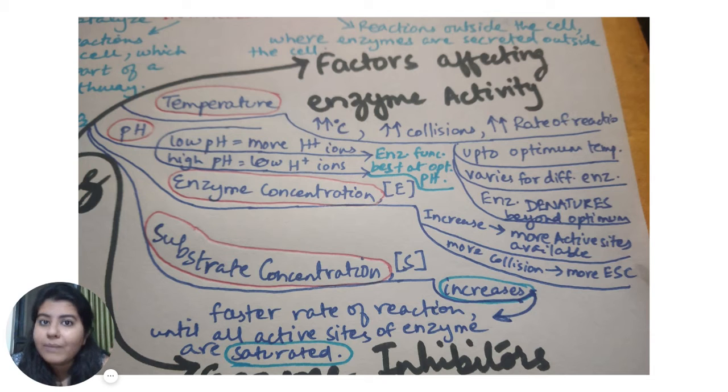So that's when Vmax is reached. So as substrate concentration increases, yes, rate of reaction will increase, but up to a certain point. Beyond that point, the substrates have to wait till the active sites of the enzymes are free. I just briefly mentioned that, and I have highlighted some important terms while putting them on the concept map.